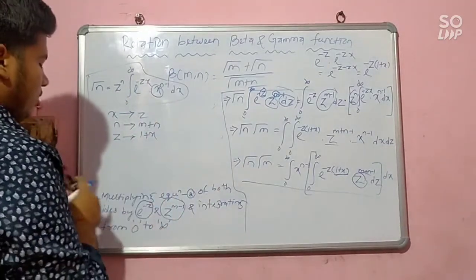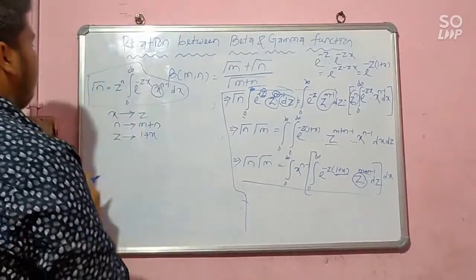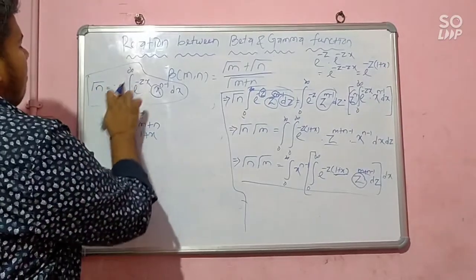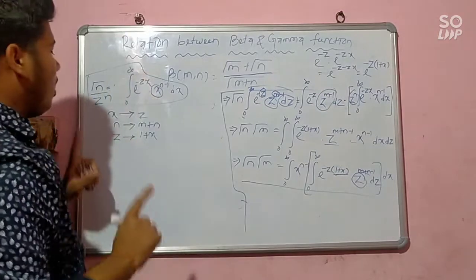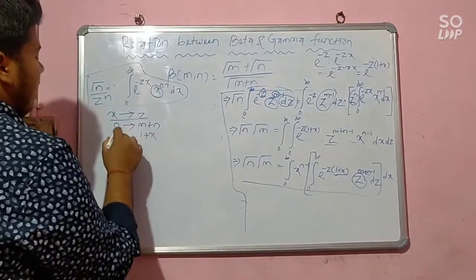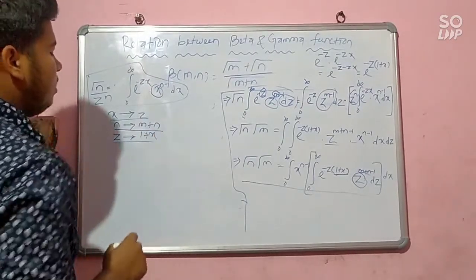So see, in equation 3 we write that gamma n divided by z to the power n is equal to, with x replaced by z, n replaced by m plus n, and z replaced by 1 plus x.